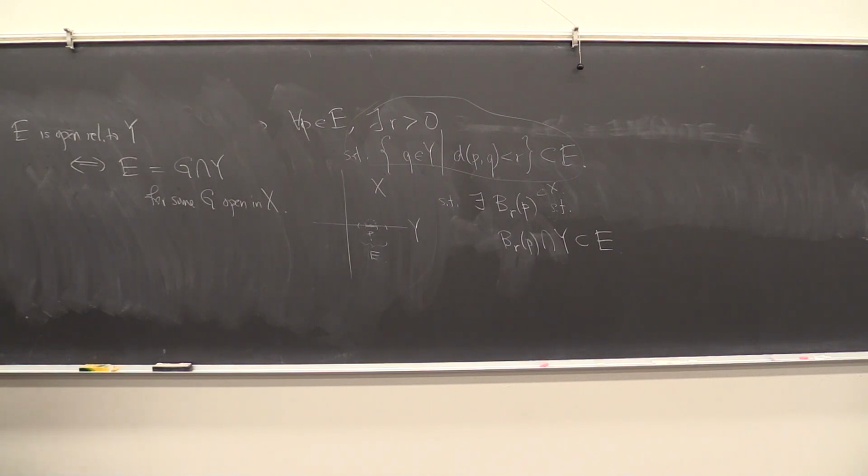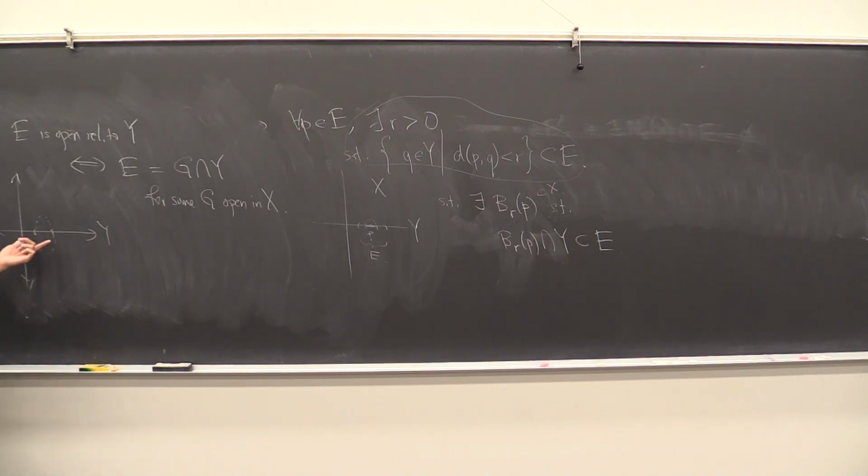In other words, any set that is open in the intersected down space must be the intersection of some open set in the big space with the internal space.